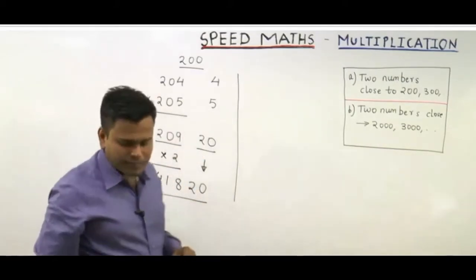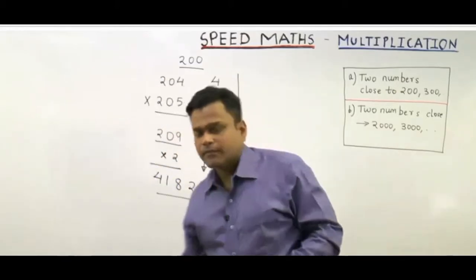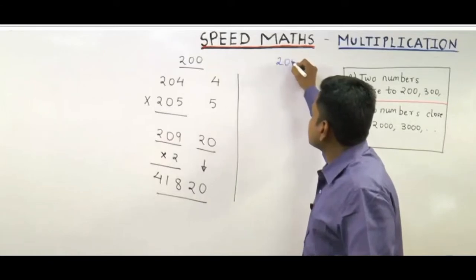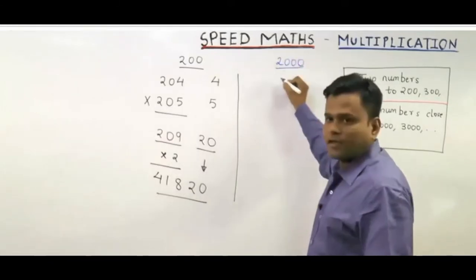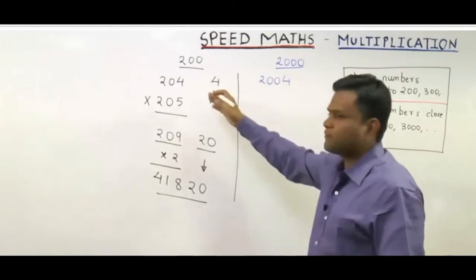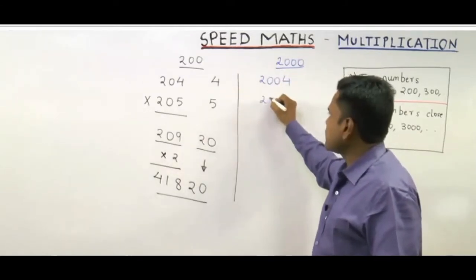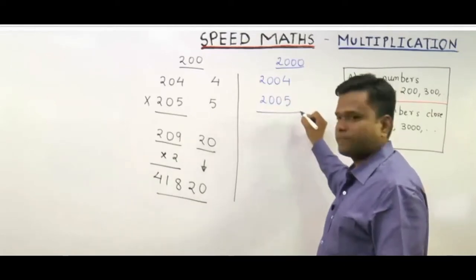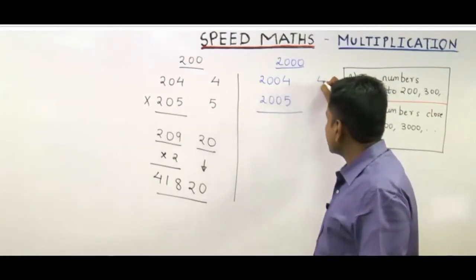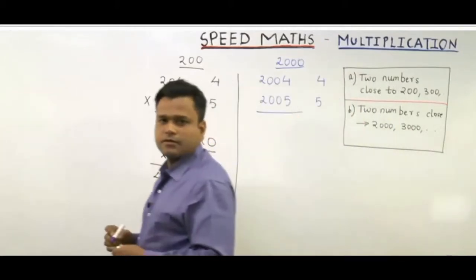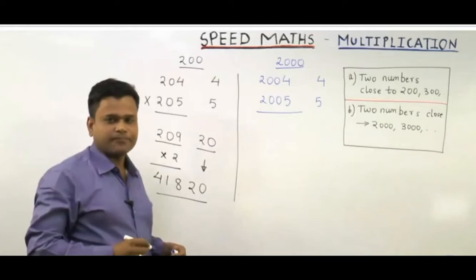In the same way, let's say we want to multiply numbers close to 2000. Here we take a number 2004 on the same lines, and this number is 2005. Now here my number is more than 2000 by 4 and this one is 5. The same approach we will be adopting here.